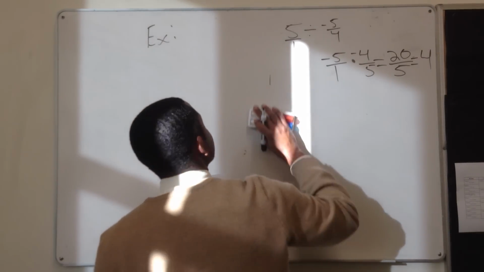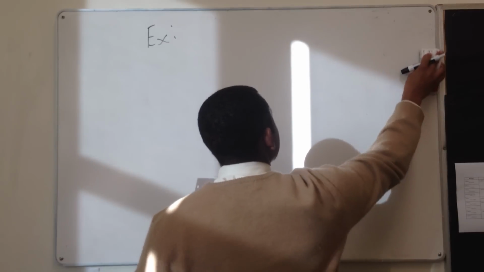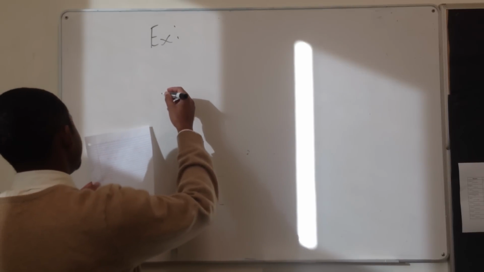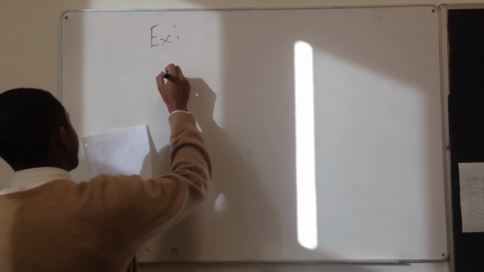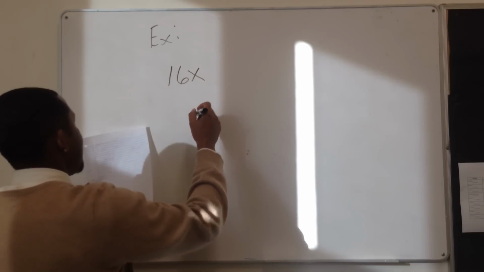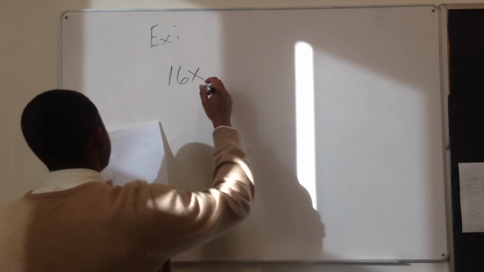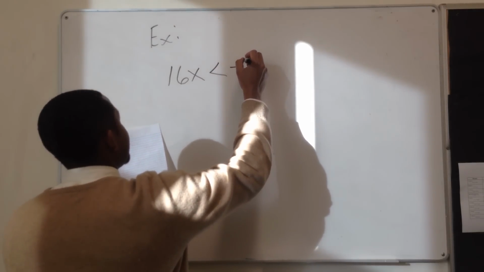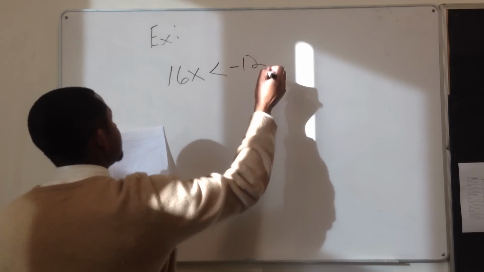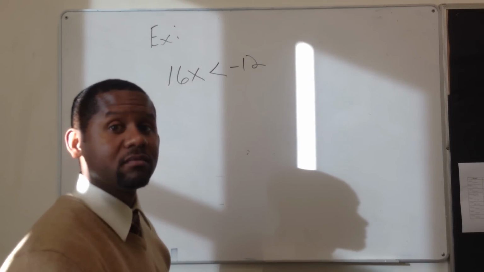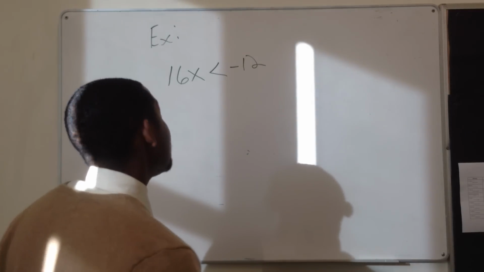Next one. Says 16x is less than negative 12. You solve this. Okay? Hopefully you just did.